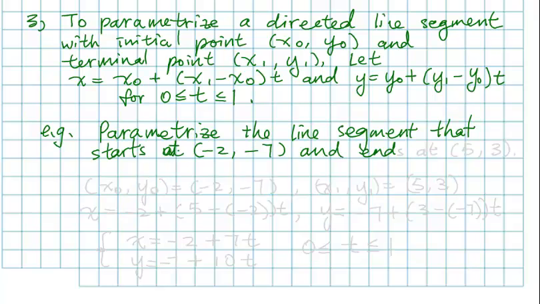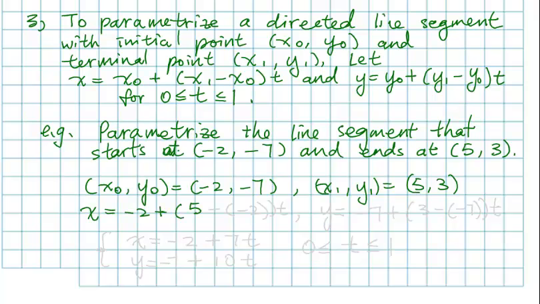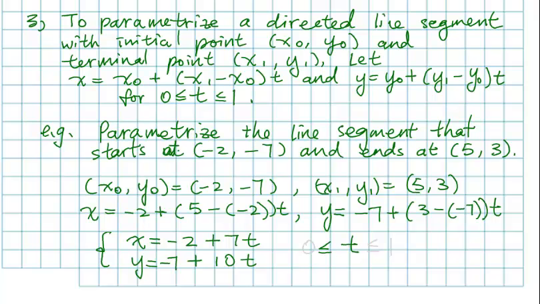Using the formula, we have x equals -2 plus 5 minus -2 times t, y equals -7 plus 3 minus -7 times t. Simplifying them, we get x equals -2 plus 7t, y equals -7 plus 10t. T ranges from 0 to 1, including the endpoints.